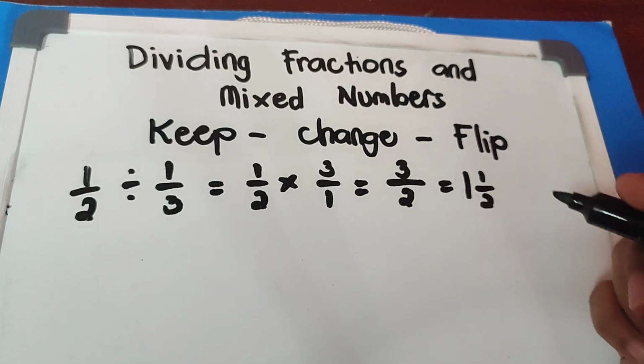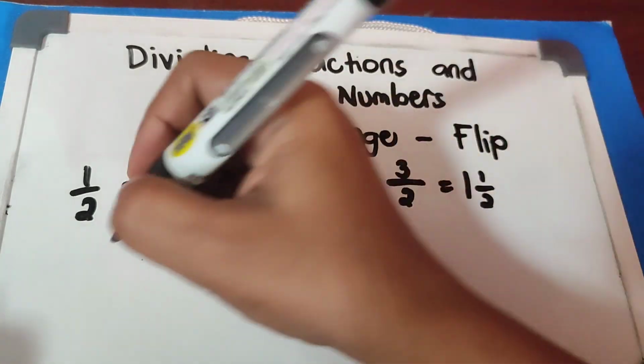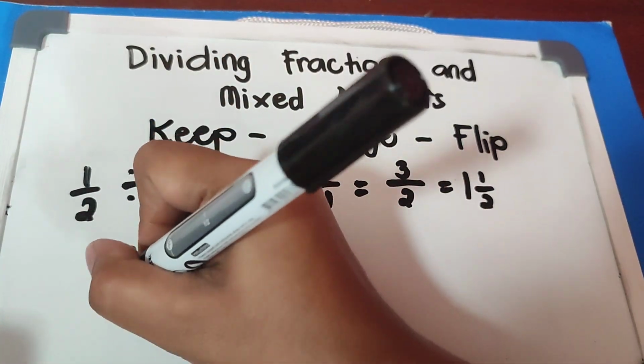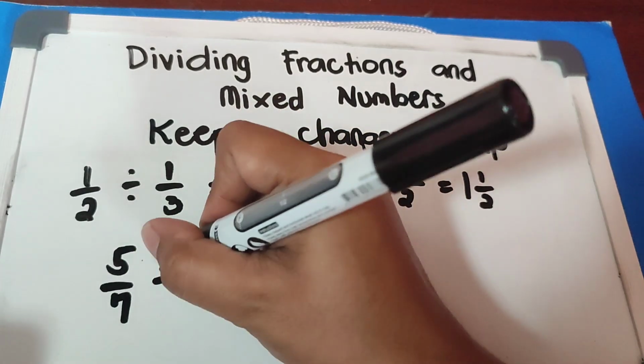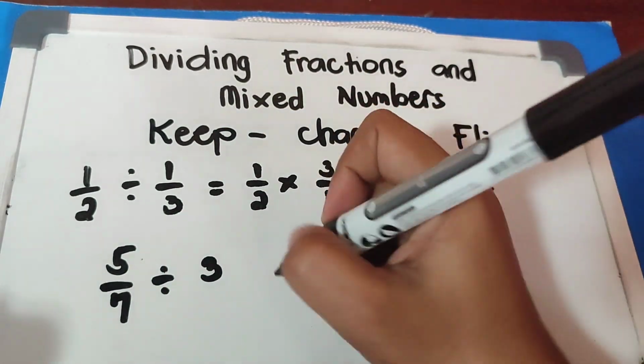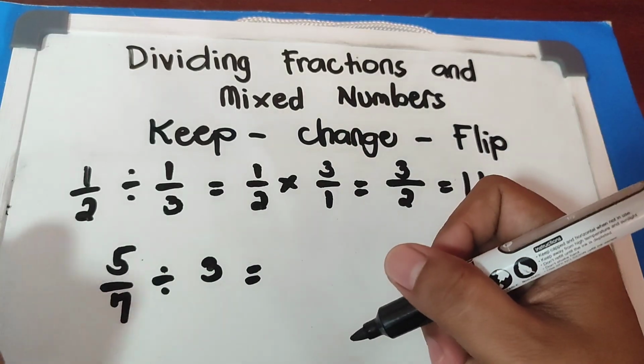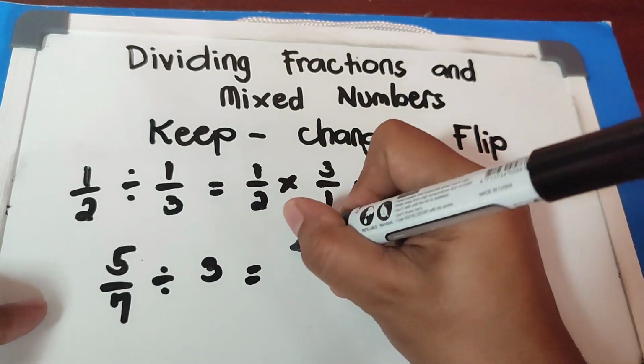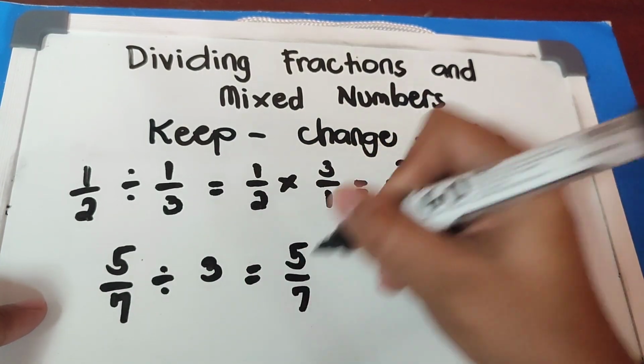Okay, another example. 5/7 divided by 3. So this is a whole number. First, you need to keep 5/7.